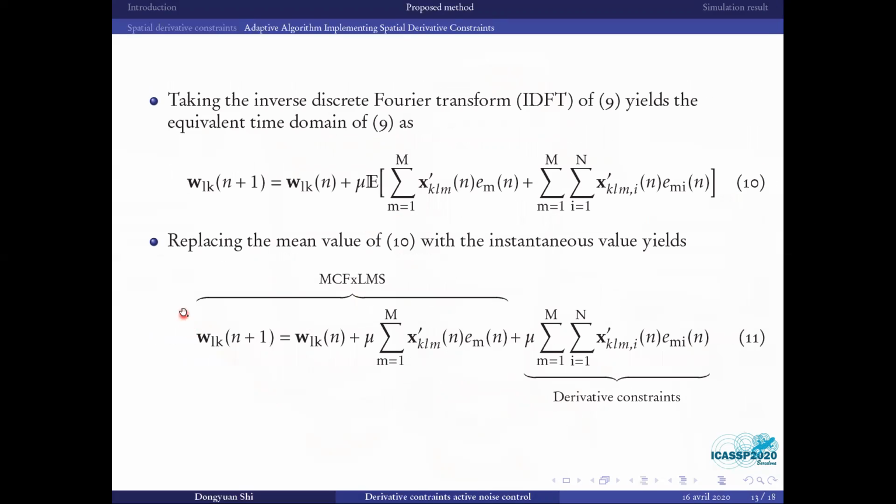We finally replace the mean value of equation 8 with the instantaneous value to yield the new control filter algorithm, which is given by equation 11. In this equation, the first term is the same as the multi-channel FXLMS algorithm, and the second term belongs to the derivative constraint.